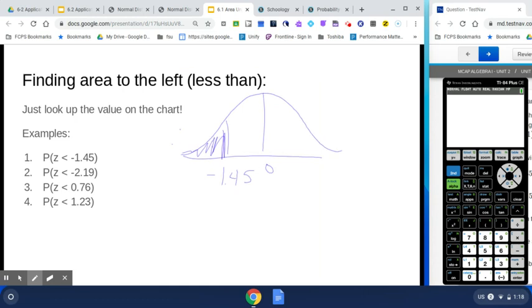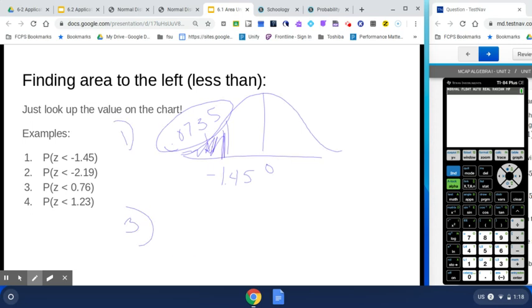So 0.0735 is the probability that we're going to have a z less than or equal to negative 1.45, or just less than negative 1.45.